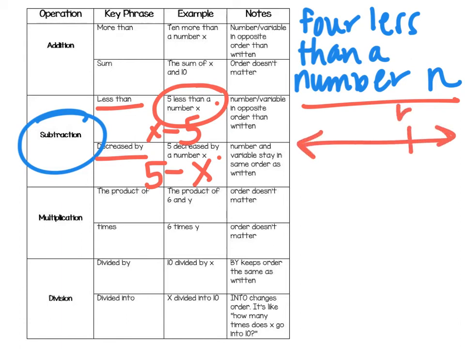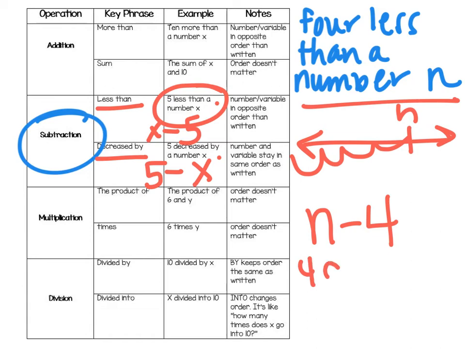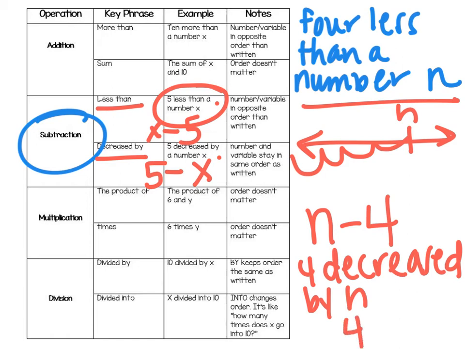I have n, and I'm going 4 less than that. So I'm starting with my n and then going backwards 4. If I had 4 decreased by n, that would be 4 decreased by n. So only "more than" and "less than" change the order so far.